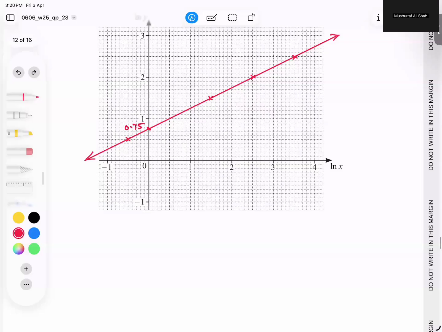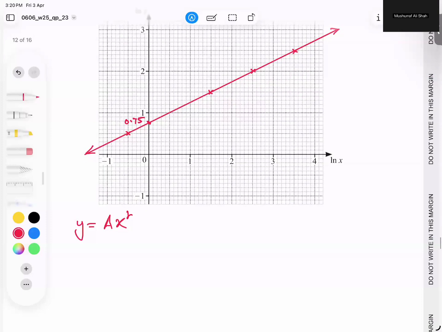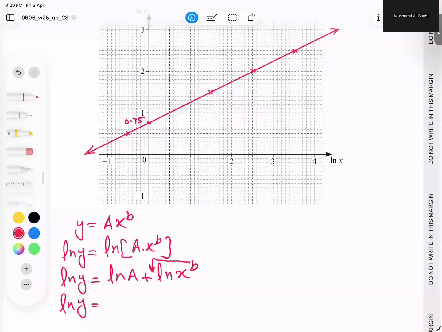I will take log of both sides, with a plus in the middle. B will come down. So this is b times ln x plus ln A.